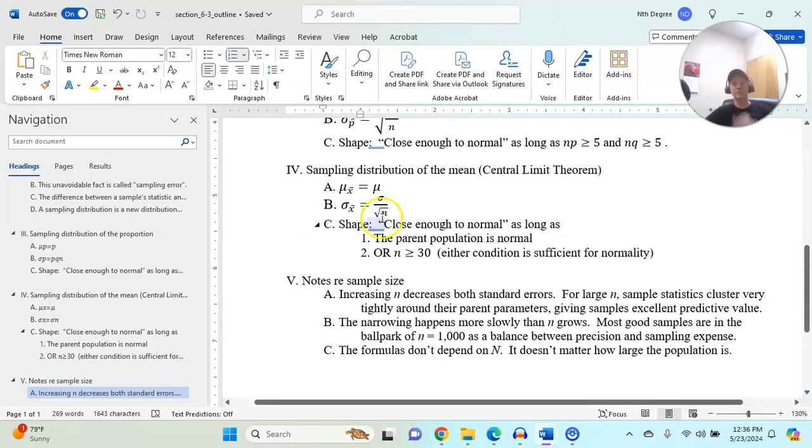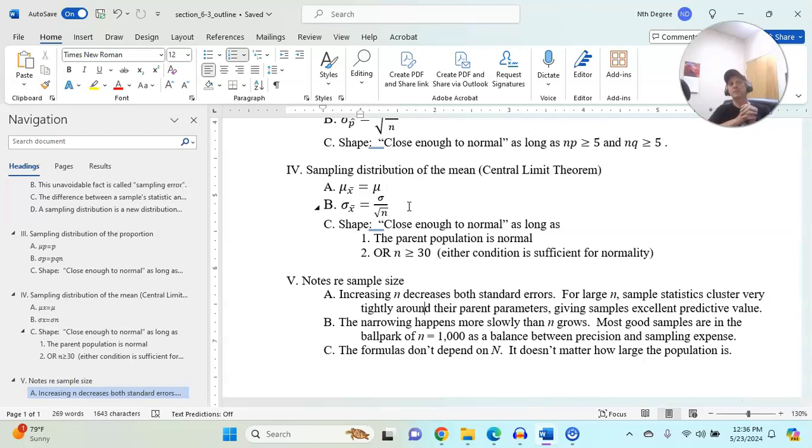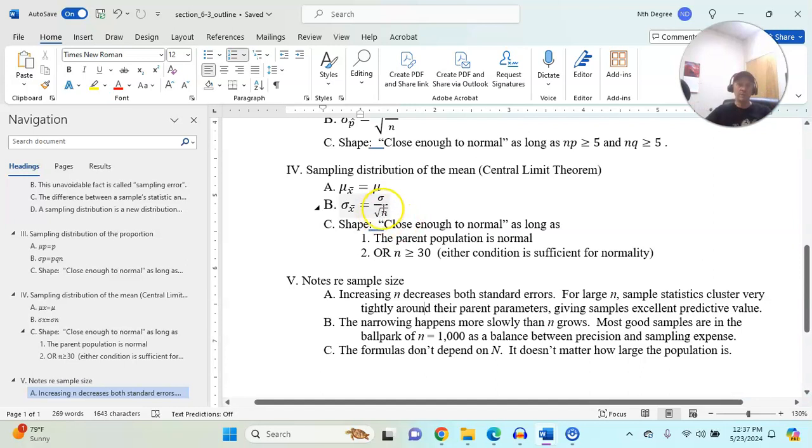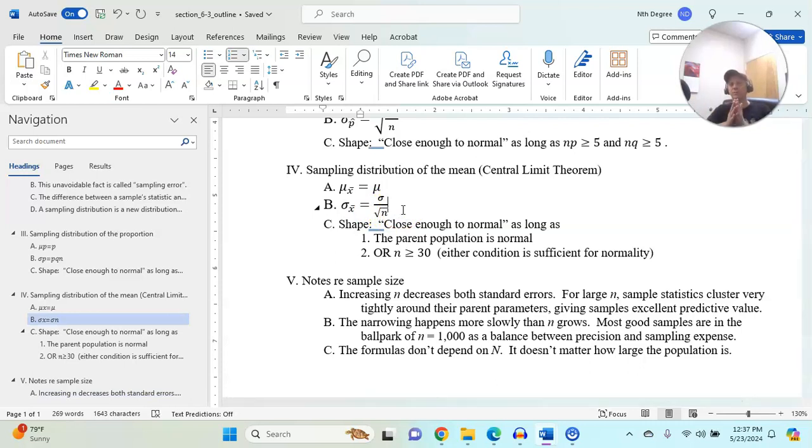So if you look at this formula, you might think, oh my gosh, if I just take bigger and bigger samples, then those samples will become better and better guesses for the parameter. So why don't I just make n really huge, like 100? Well, as it turns out, if you make your sample 100 times larger, then this standard error only narrows by a factor of 10. Sample 100 times larger, predictive power only 10 times better.